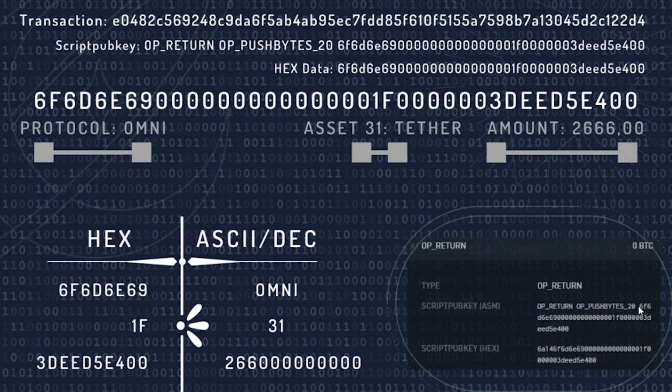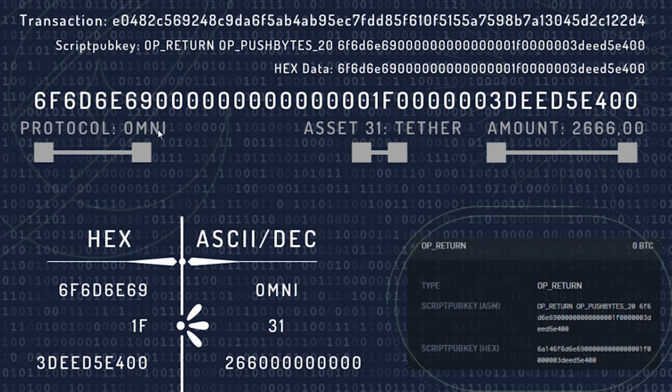So every time you see this kind of OP return in the data, like here 6F, 6D, 6E, 69, it's basically an Omni Layer transaction, because nobody else marks their transactions as Omni. So the first step is to look at the beginning characters; it's the protocol name, Omni Layer.